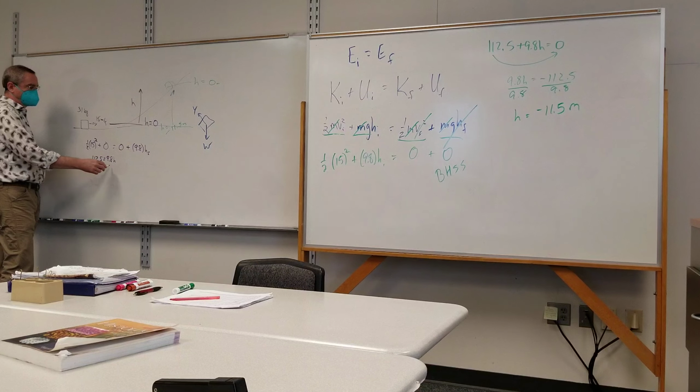There's 11.5 meter difference between where it stops at the top and where it starts at the bottom. Now typically, if you're not quite sure where to make h equal to 0, my recommendation is pick a place where one of these terms is going to be equal to 0, just to get rid of one of them.